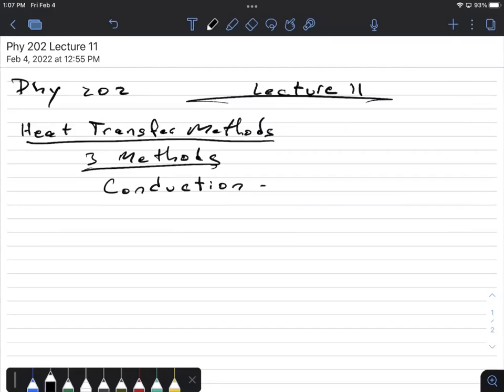And it always works in that direction. That object which is hotter will always give away energy. A cold object does not give its energy to a warm object. That's the opposite of what happens. Now, this particular method called conduction is a method whereby that heat is transferred because of physical contact. So you're literally touching the two objects together.